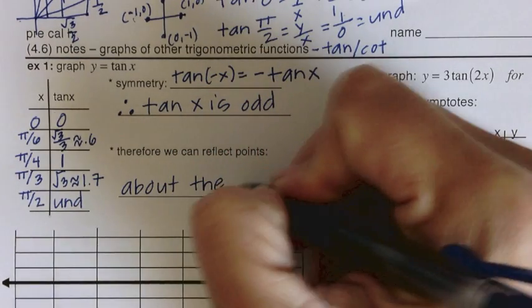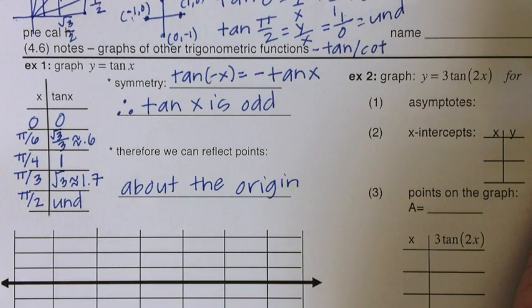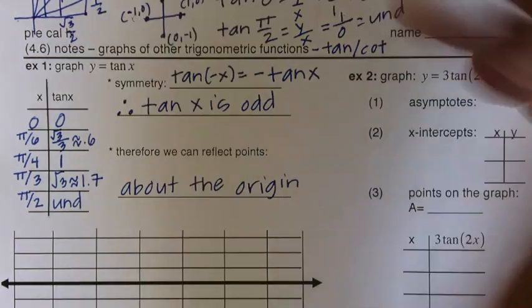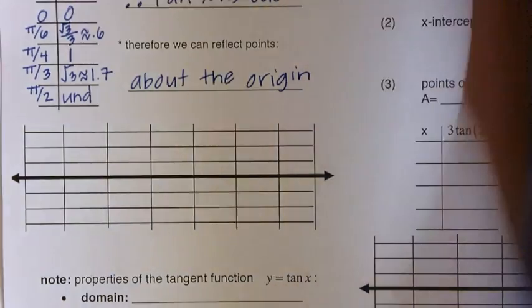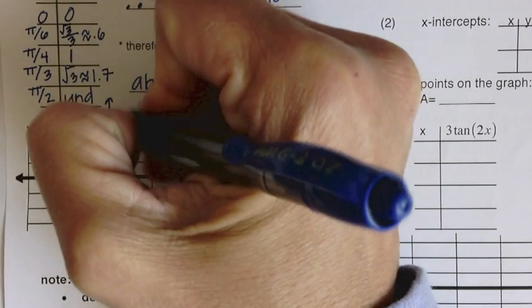Again, we're just developing a basic tangent graph right now, and just like all of our other graphs in math, once you have the parent graph, everything is just stretching, shrinking, raising, lowering, and reflecting. So what I'm going to do right now is put 0 right here.